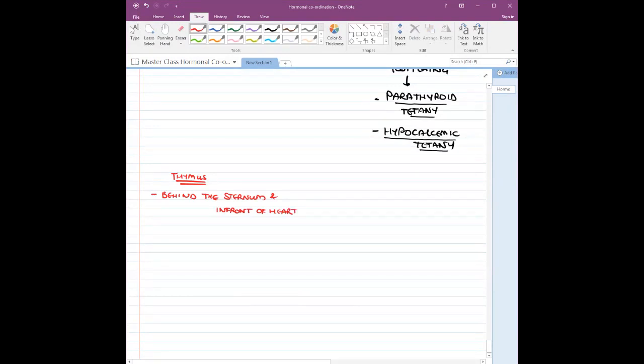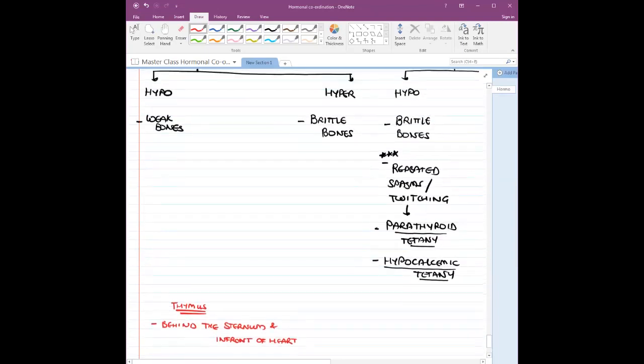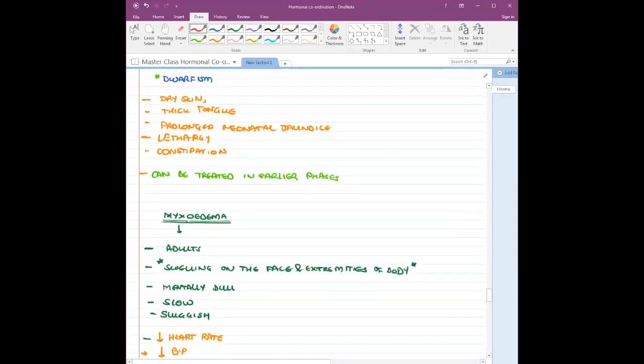Now, how is this thing going to be? Once again, just like how we had seen your thyroid gland, it is going to be exactly something like that. However, the only difference is this is going to be really, really small.